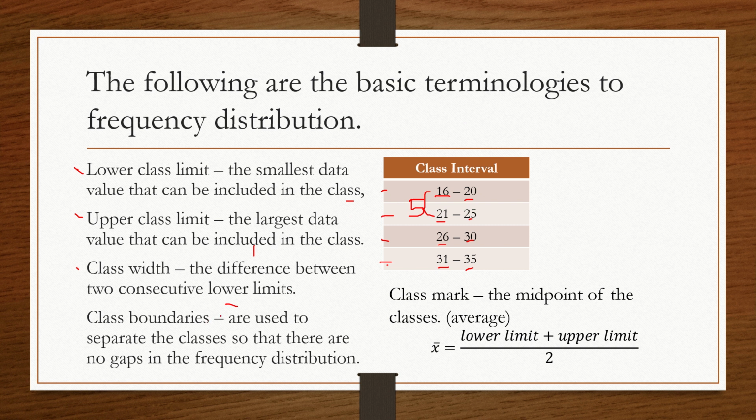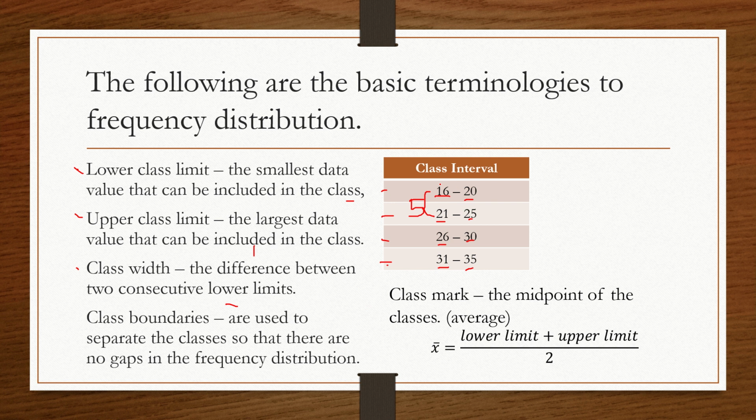Next, class boundaries. So, it is used to separate the classes so that there are no gaps in the frequency distribution. Okay, so sobrang dali lang naman ang paggawa ng class boundaries, the lower class boundaries and upper class boundaries. Kapag gagawa ka ng class boundaries, ang lagi mong titingnan is the lower limit and upper limit.